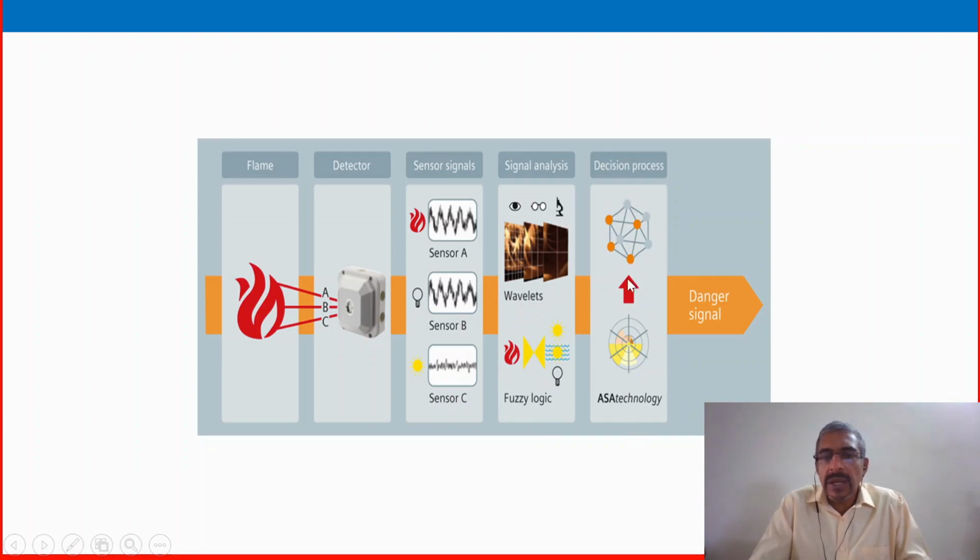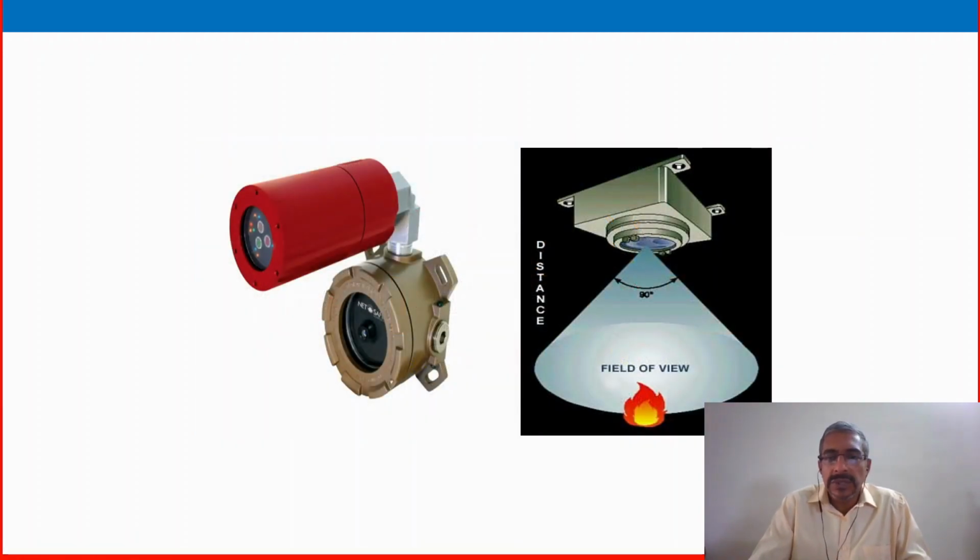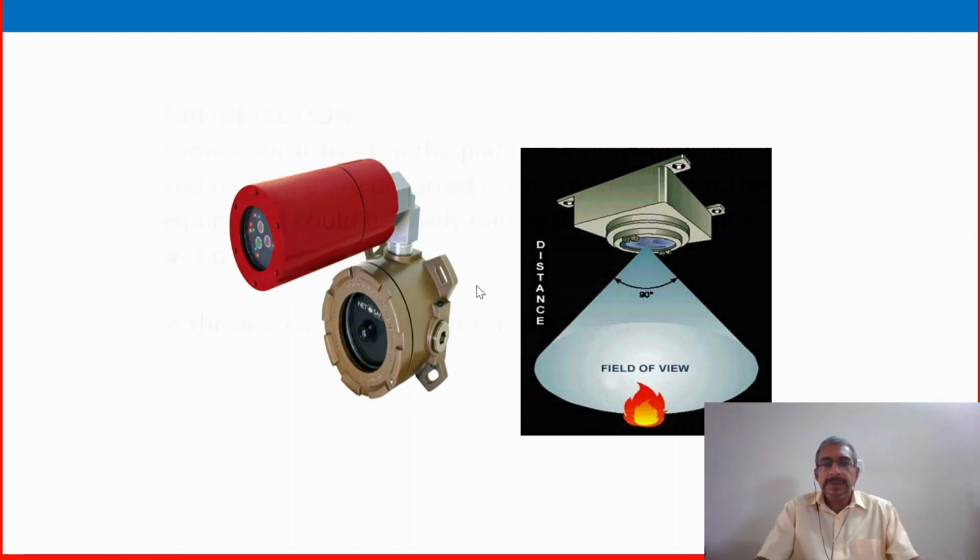It will conclude whether it is a fire. Whatever fire comes in that area within range is considered for subsequent action like alarms or shutdown activities. These are the two instruments used in the field for flame detection.